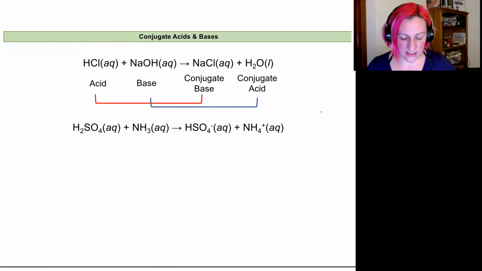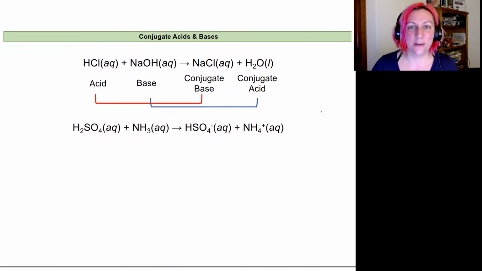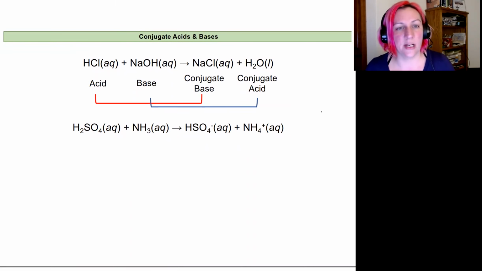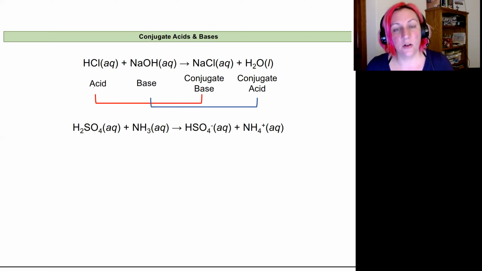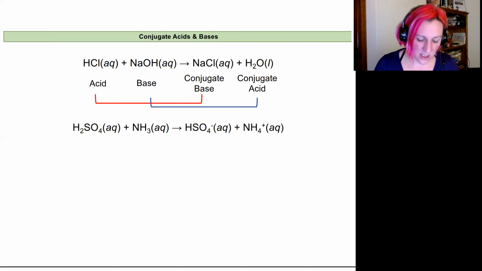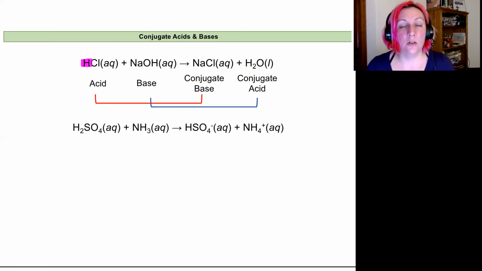So let's show this in an example. Let's go back to good old hydrochloric acid and sodium hydroxide, the classic chemistry acid base reaction. We've talked about hydrochloric acid being an acid, so I've got that labeled, and sodium hydroxide is a base. If I'm going to predict the products for this reaction, my acid is going to donate a hydrogen right here to my base.